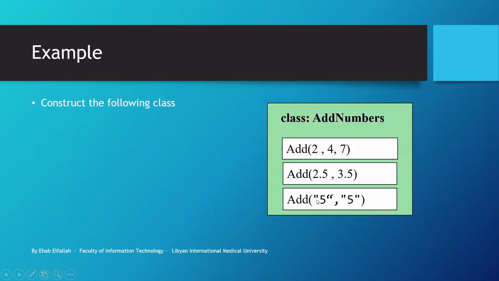So how will the questions be? Here we have to construct the following class, for example called add numbers, and we can see it consists of three methods with the same name, add. But the first method receives three variables.